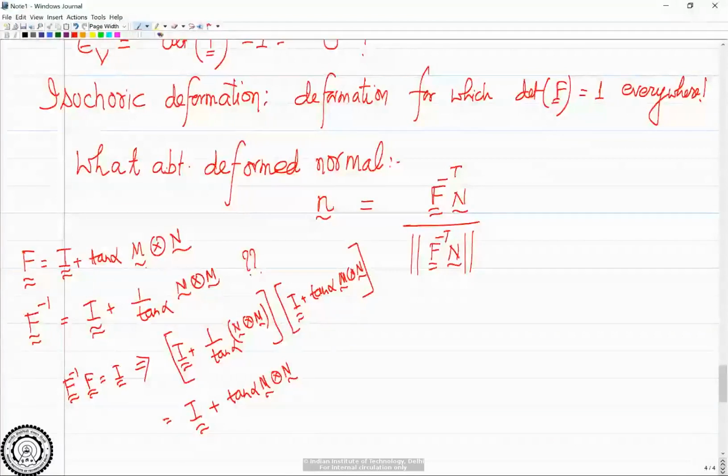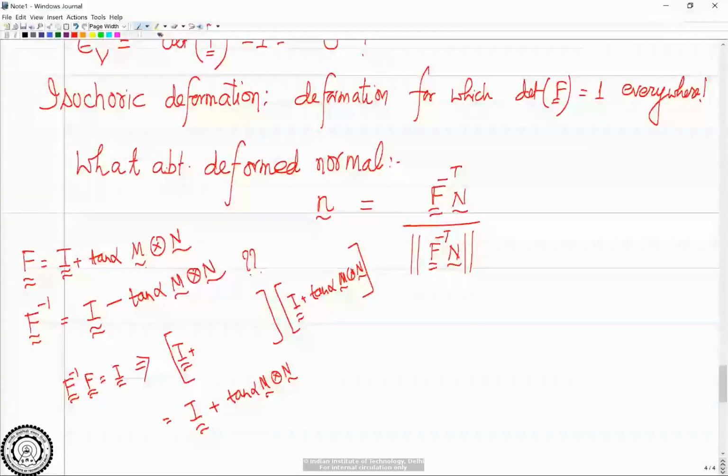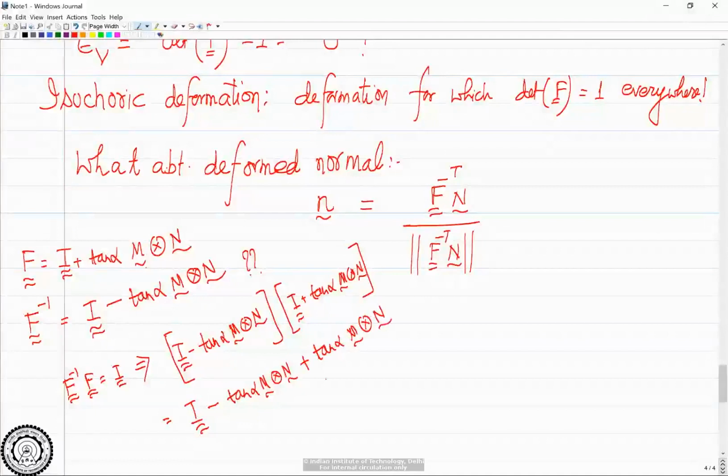Maybe it is even simpler than that. I think this would be identity minus 10 alpha of M tensor product N, and so I get here identity minus 10 alpha M tensor product N, and then you have plus 10 alpha of M tensor product N, and the last one is with a minus sign, of course, minus 10 square alpha of M tensor product N, but then you also have an M dot N, but M and N are perpendicular, so this goes away, and these two cancel each other.